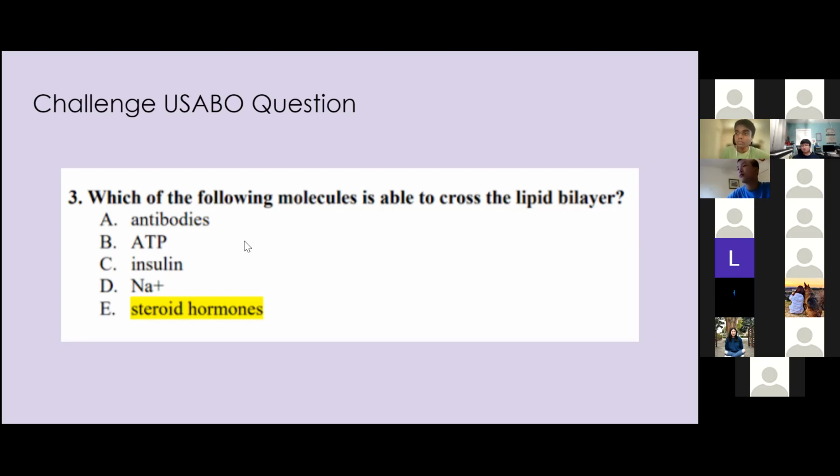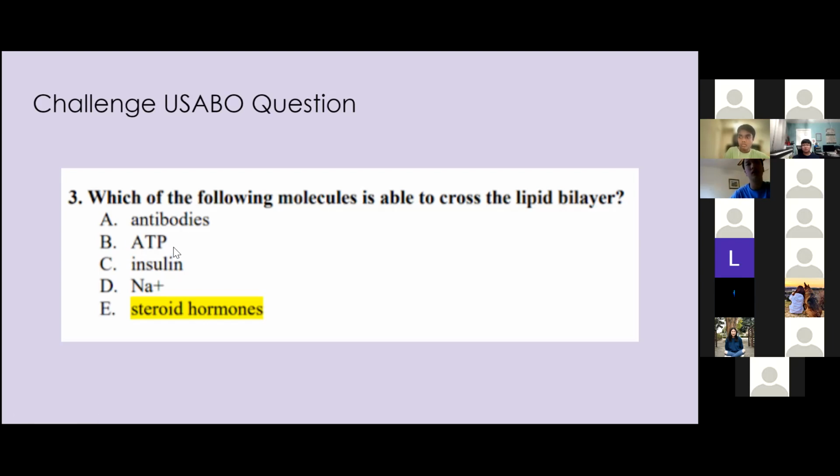So out of all of these, antibodies, insulin, and sodium, I think, are all hydrophilic and not hydrophobic. So they're all water soluble, which is what makes them unable to pass through the lipid bilayer without support from receptor proteins.